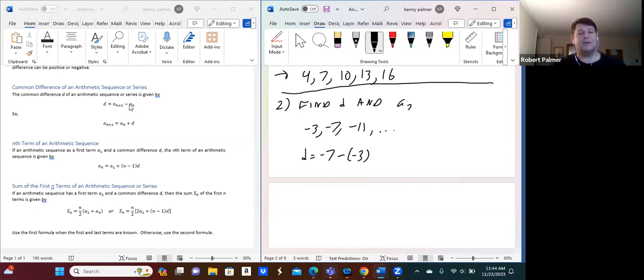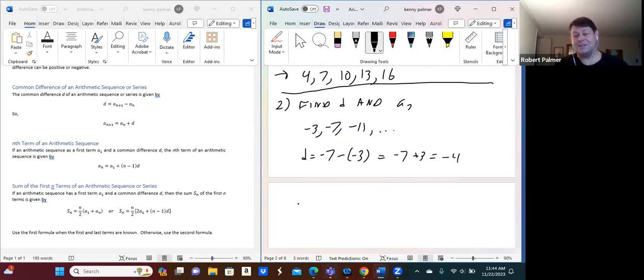You subtract the current term from the next term up. And so that's going to be -7, and of course negative times negative is plus 3, and that's going to be -4. In this case our common difference is negative, and that's okay, because a sequence could be increasing, or it could decrease like this one. That's our common difference.